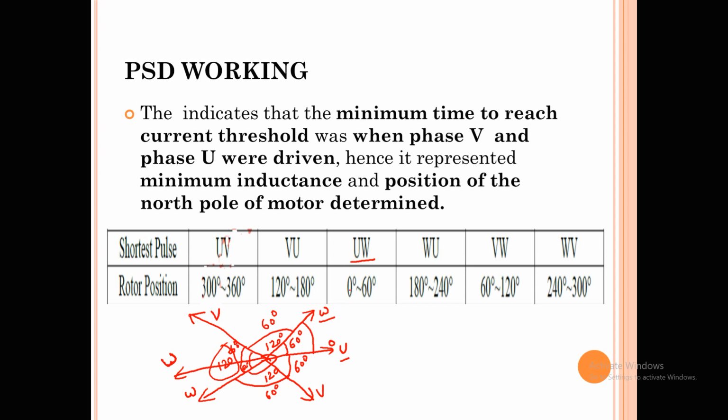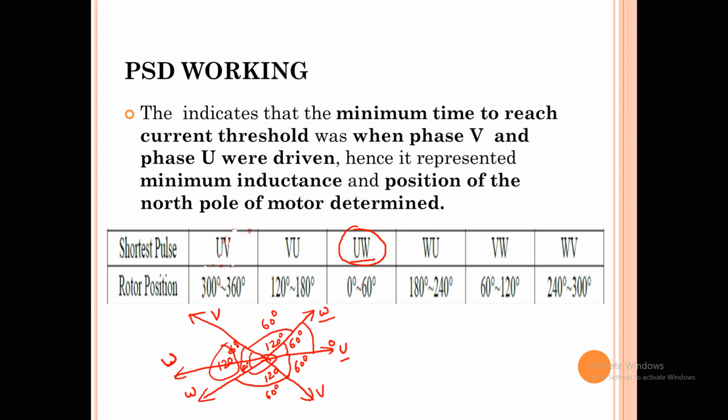So what it actually means is, if you're sending high frequency voltages to the device and this particular phase gets a shorter time duration, it means it has the lowest inductance.